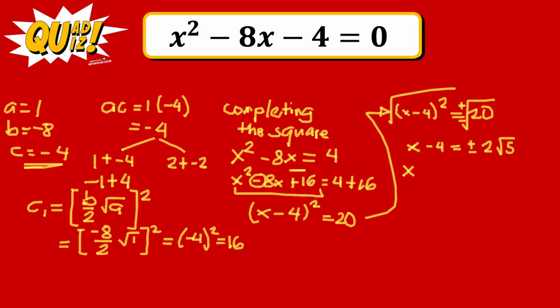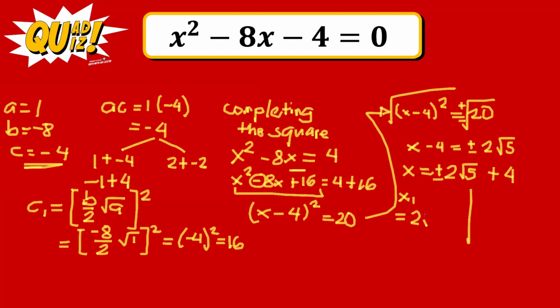And then add both sides by 4. You will have plus minus 2 square root of 5 plus 4. In short, our first root here, and again, we expect a radical expression since we use completing the square method, and our original given is not a perfect square trinomial.